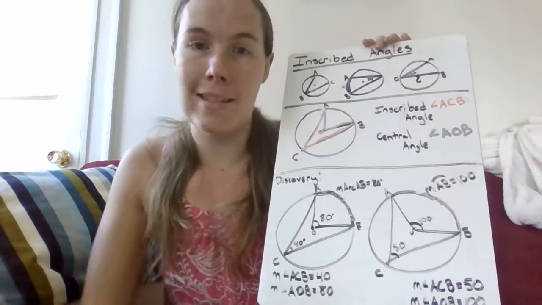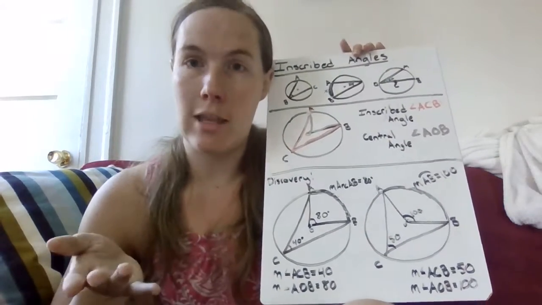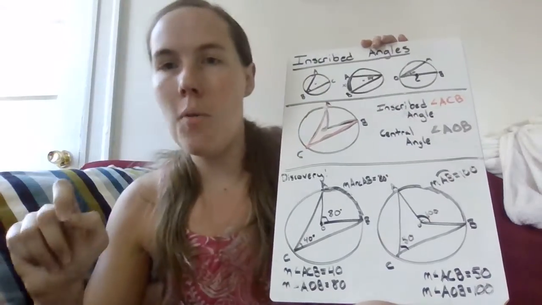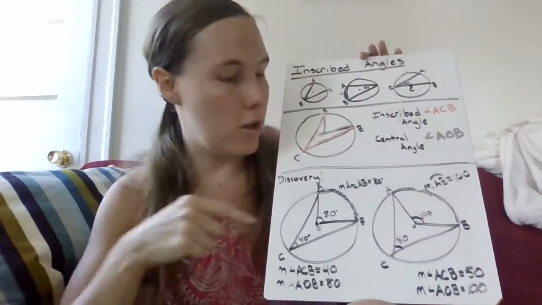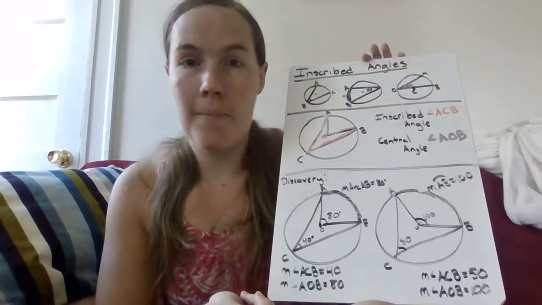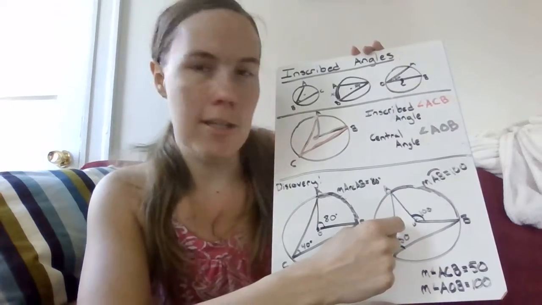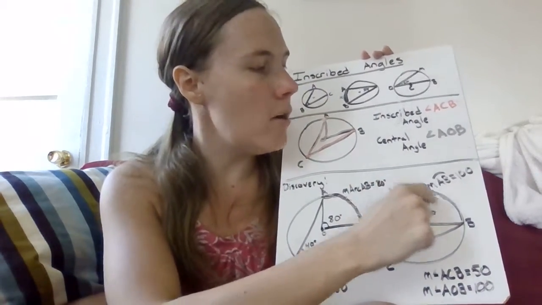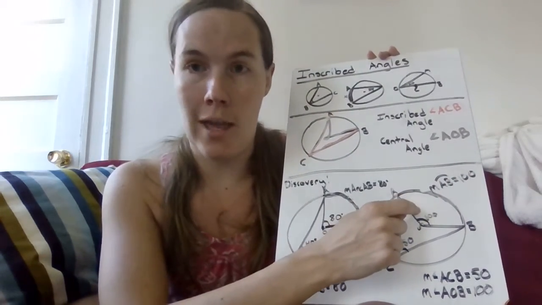The very last thing we're going to talk about with inscribed angles is being able to find that arc length. Normally we had to set up that little table, we had to find the perimeter, do all this stuff. Well, here we can look at the angles to help us with that. So if our inscribed angle is 50 degrees and our central angle is 100, we notice our arc length is the same as our central angle.